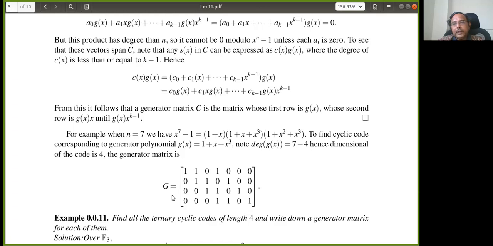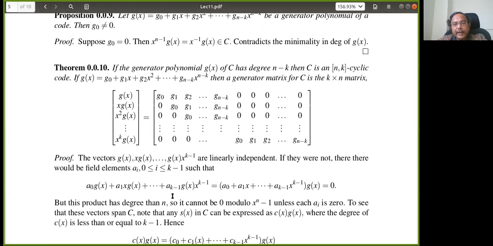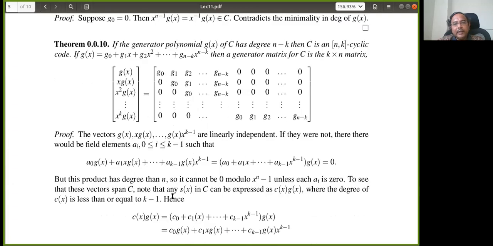The degree of g of x is n minus 4, k equal to 4. K equal to 4 means the last one is x cube. That is why I made a mistake here. It is x power k minus 1, but here I wrote something else. So what am I claiming? These are all linearly independent. See, you can understand the proofs. I'll explain again also.